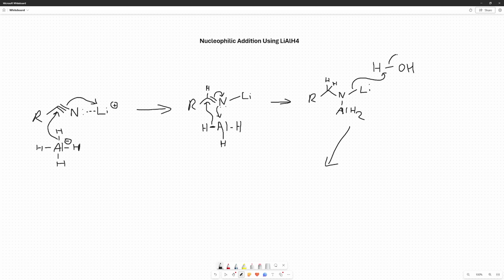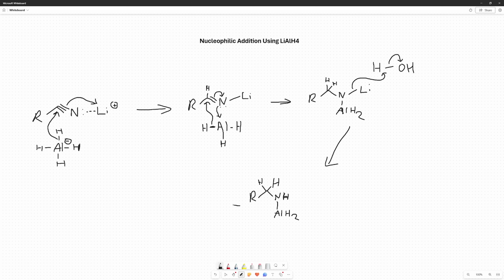Now this bond is going to break, and you're going to be left with a negatively charged OH ion, which, since this is going to be a leaving group, it's going to be kicked off from this imine salt. There's going to be a positively charged lithium, which can be balanced by the negatively charged hydroxide. You're going to end up with a compound like this.